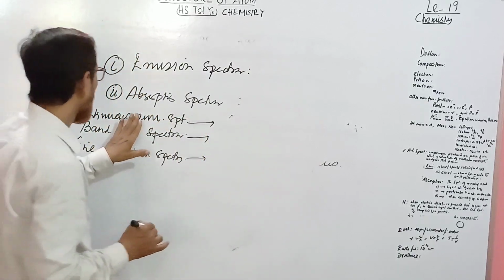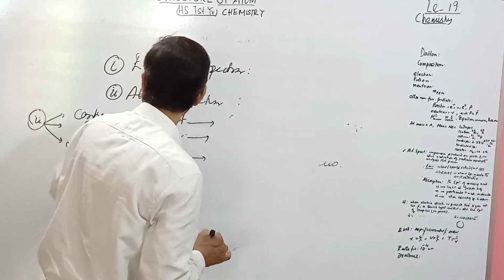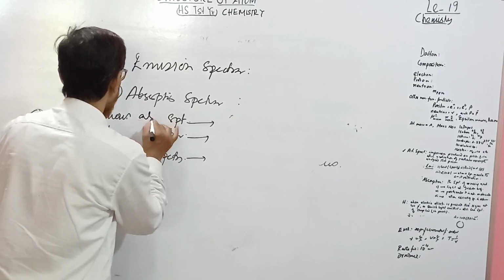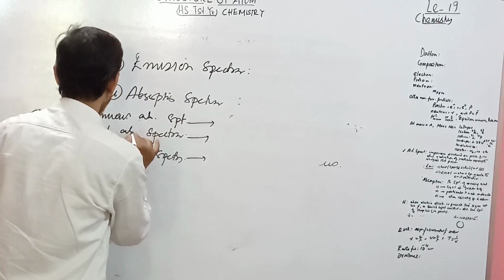Absorption spectra are of three types: continuous absorption, band absorption, and line absorption.